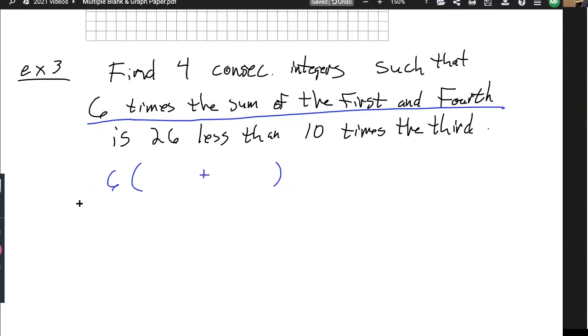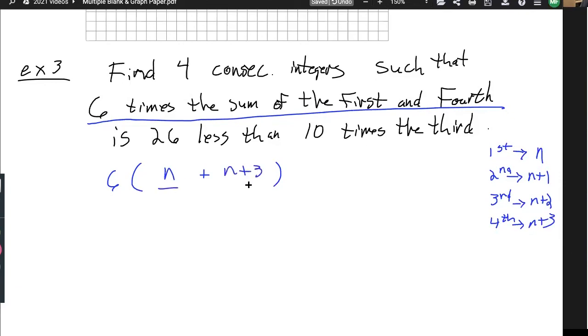The first, well, that's just n. And the fourth, okay, well, let's see, if the first is n, and the second is n plus 1, the third is n plus 2, the fourth must be n plus 3. So here's the sum of the first and fourth.